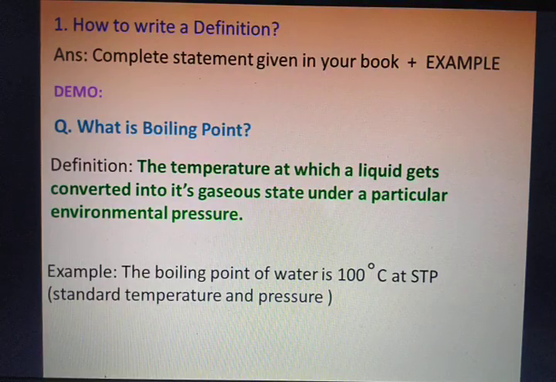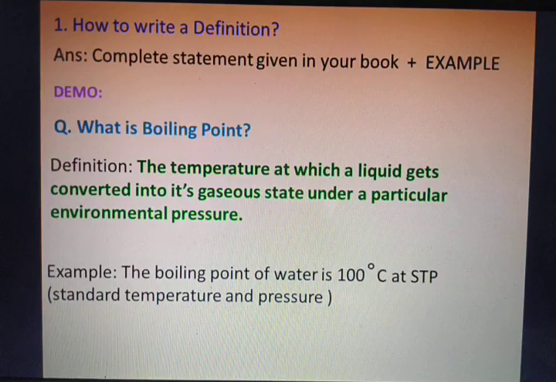But what I've done is I have used this word STP, and within the brackets I've given standard temperature and pressure. That is, I'm using STP, a short form, and I'm giving the full form of STP. So what's my benefit?